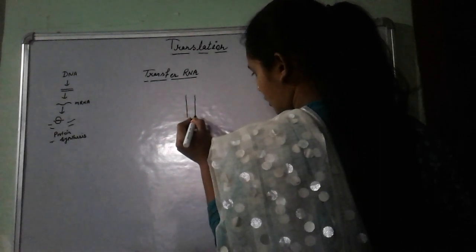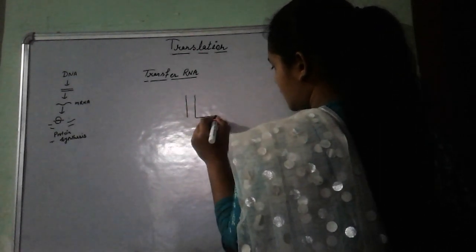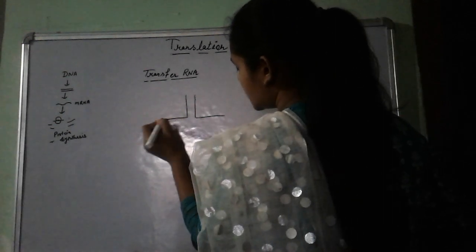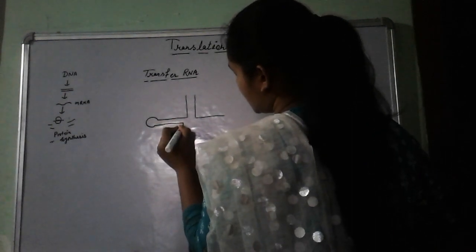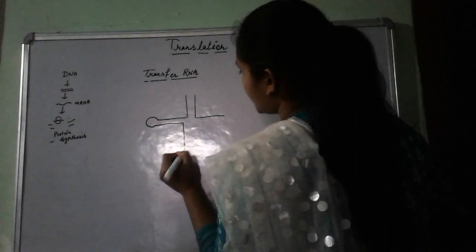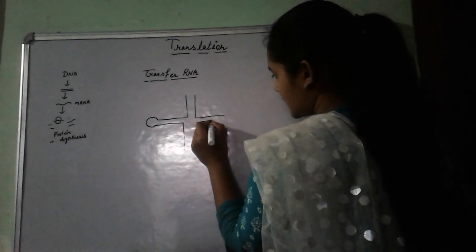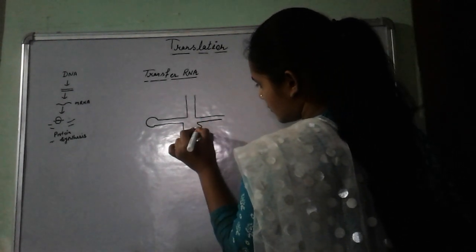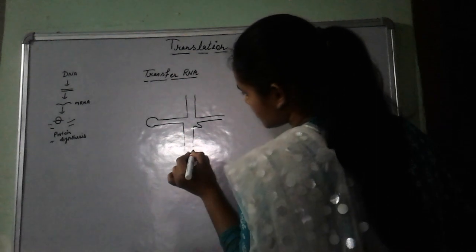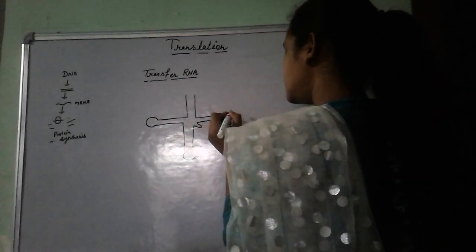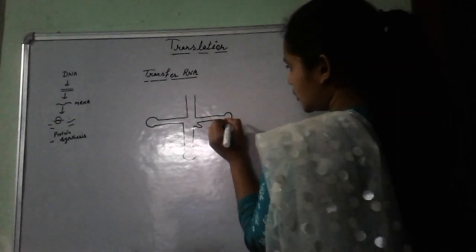This is the stem of transfer RNA. This is another stem of transfer RNA. This is the loop, right? This is another loop, and here is the loop.